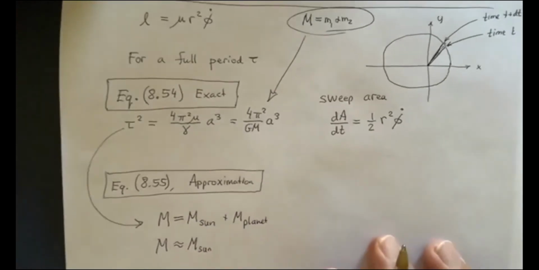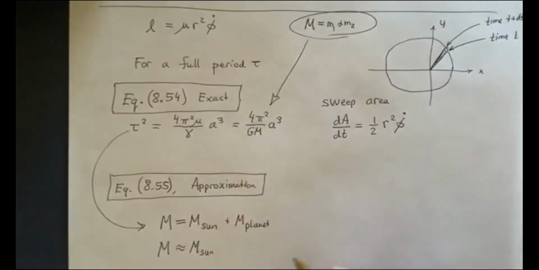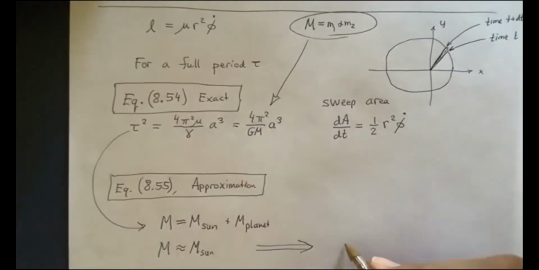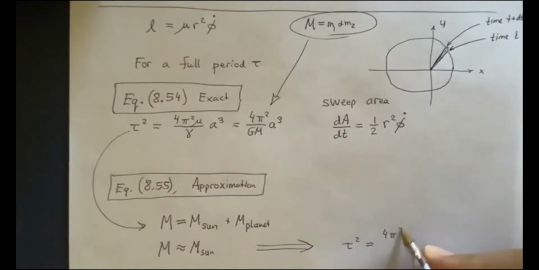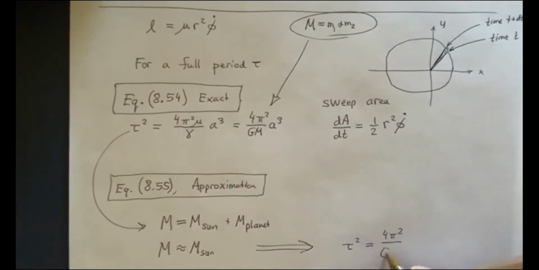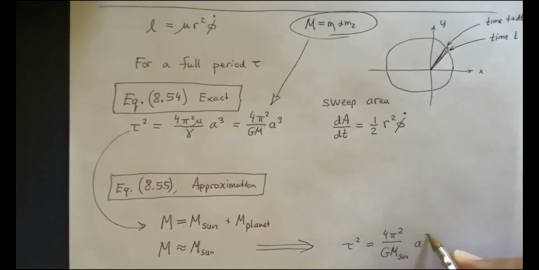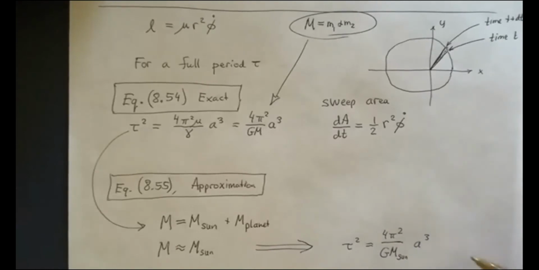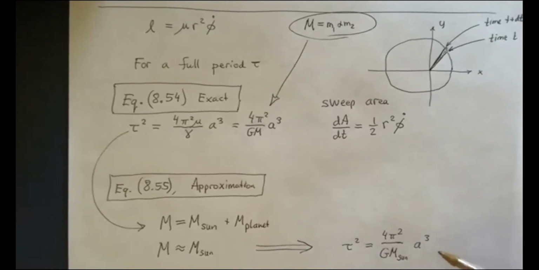So if you do that, you just write the same formula, and then you get the following, that tau squared, you see why this is a popular result. Tau squared, the period squared, is 4 pi squared over g times the mass of the sun times a cubed. So this is the universality for all planets in the solar system.